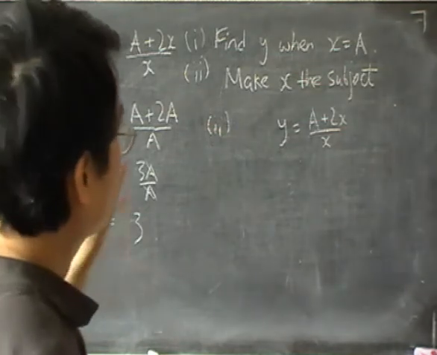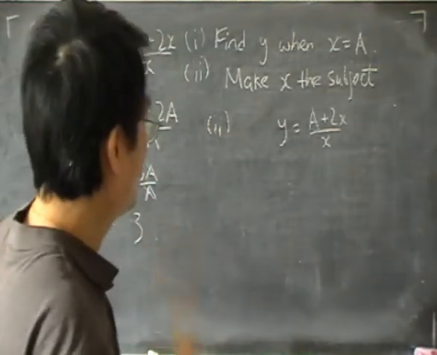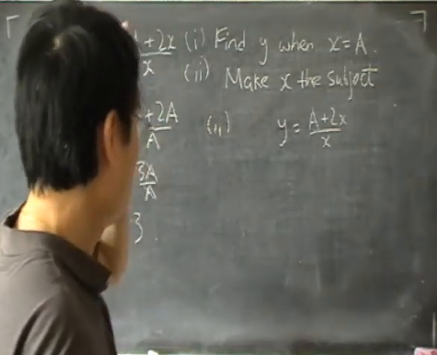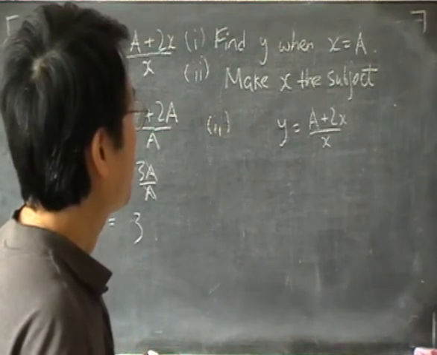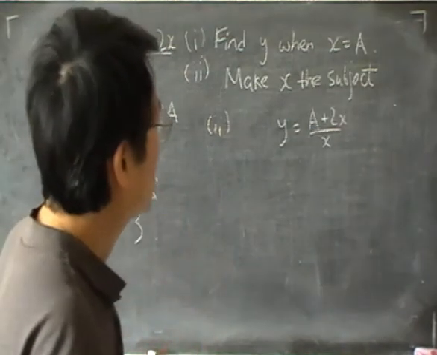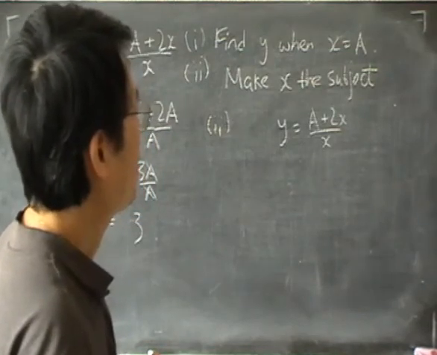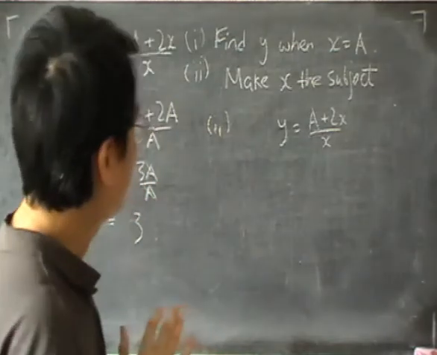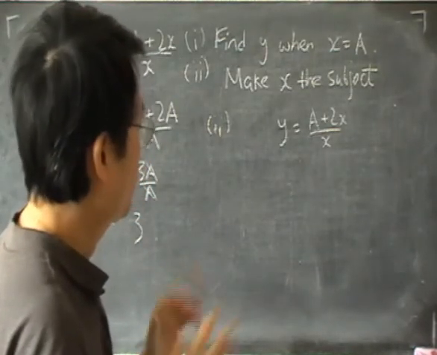To make x the subject, we need to rearrange the equation. Now, the one thing we can say is that there are different ways to do this. I will explain 2 ways of doing it.